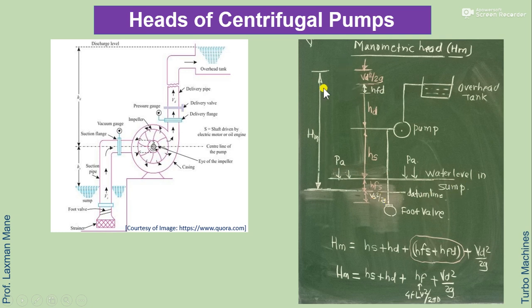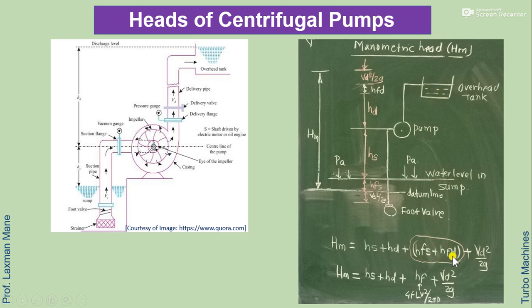Now here manometric head is a summation of Hs, static suction head, plus Hd, static delivery head, plus Hfs, friction loss on the suction side, plus Hfd, friction loss on the delivery side, plus Vd²/2g, that is velocity head in the delivery pipe. Now in this case, Vs²/2g is very low, that's why it is ignored.